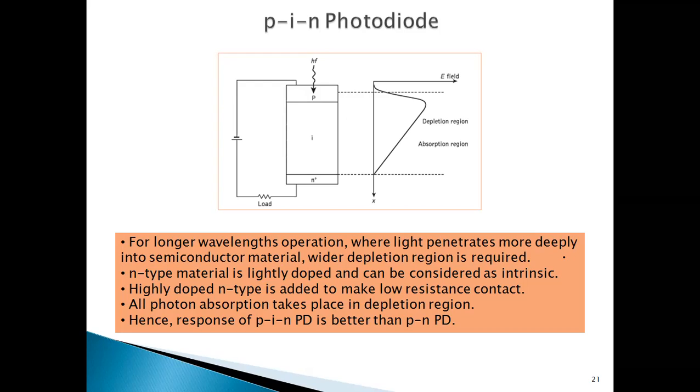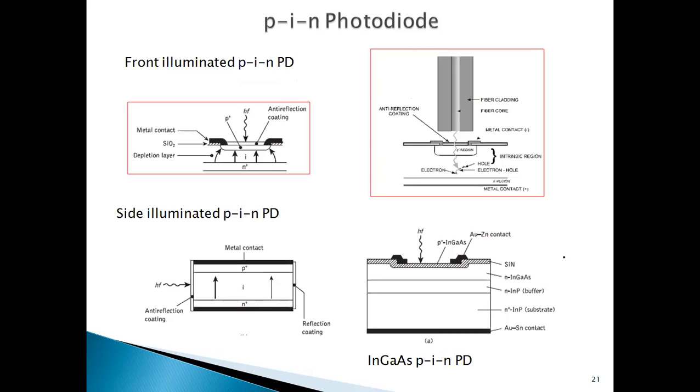When we have only a depletion region and the absorption of photons happens there, more carrier pairs will be produced in this depletion region and more current will be produced, and the response of the photodiode will also be better. Okay, so that is for the case of the PIN photodiode.